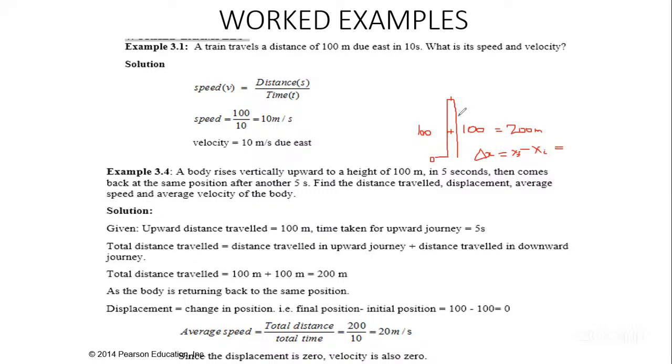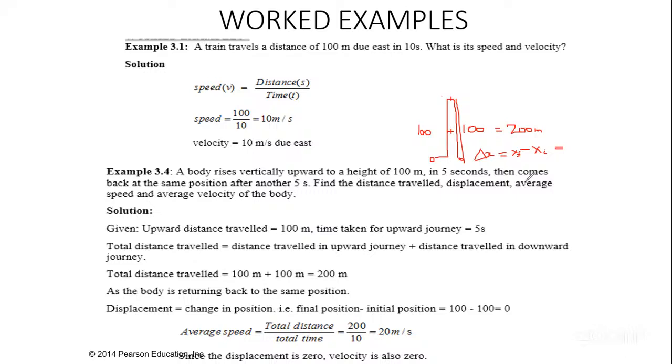It got to the maximum height and then returned to the final position, which is also 0. So the displacement will be 0. Our final position is 0, initial position is 0. If you decide to take it from here to here is 100, from here to here is 100, that is still 100 minus 100, which would still give you 0.